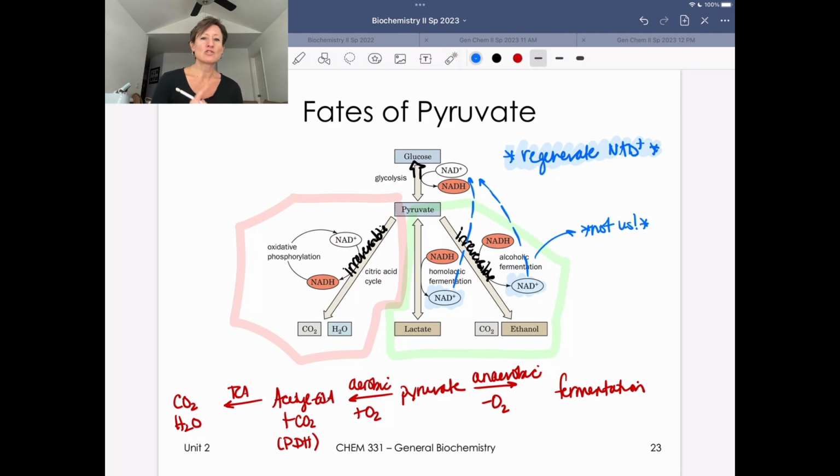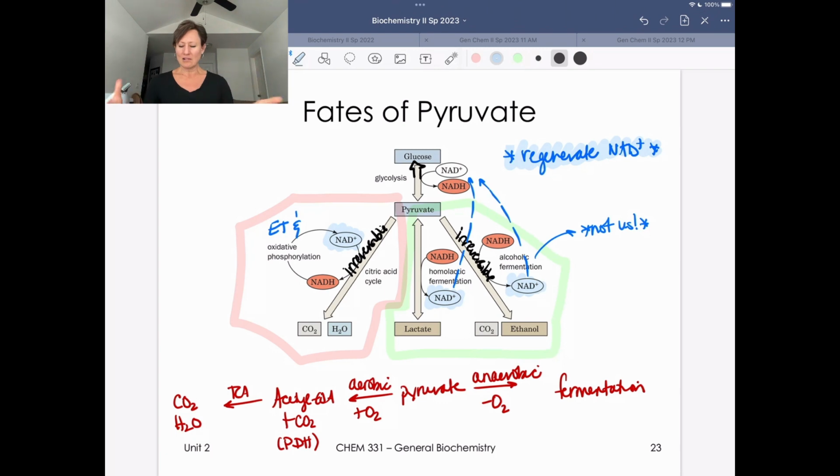What we really need to regenerate that NAD+ is electron transport and oxidative phosphorylation. It's really the electron transport piece that's responsible for regenerating that NAD+. Because remember, in the electron transport chain, we take the electrons that are held in NADH, they give their electrons to the electron transport chain, and that is how and when we regenerate NAD+.